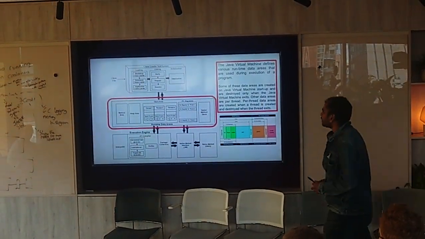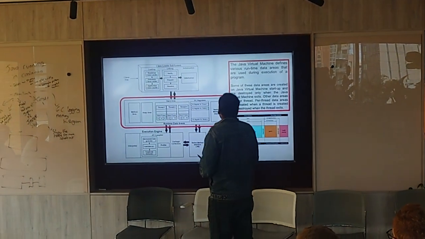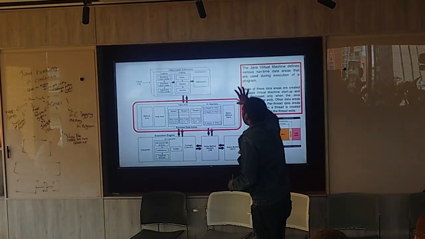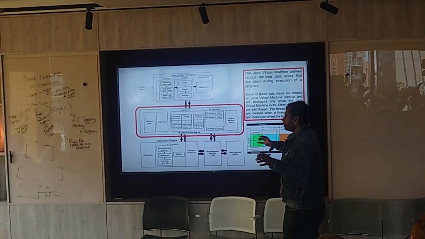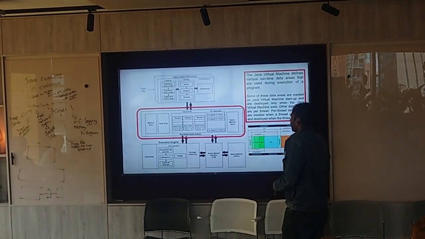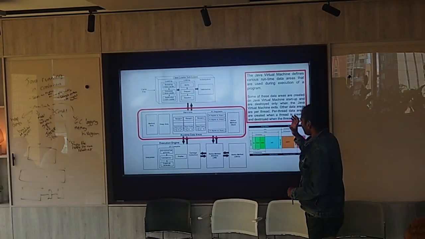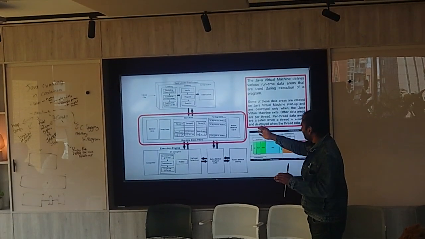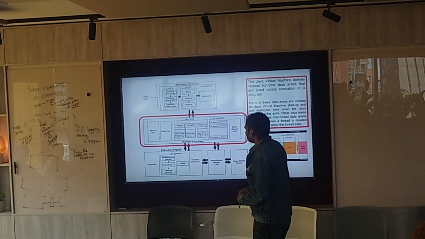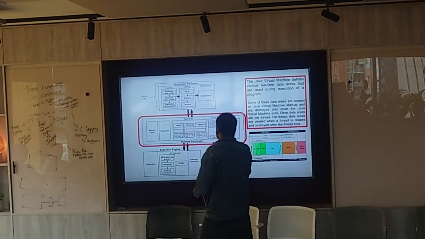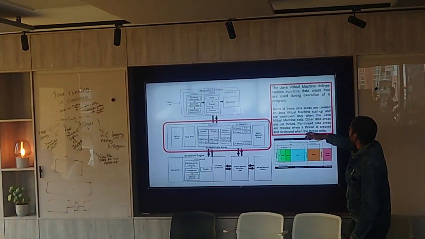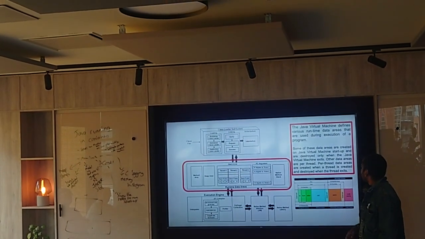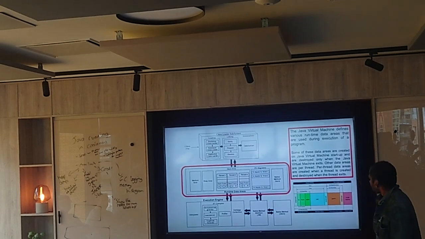And now we are moving into memory. After loading, we need to go to the memory. Here RAM and the PC registers are there, and this is the runtime data areas, used during the execution of the program.